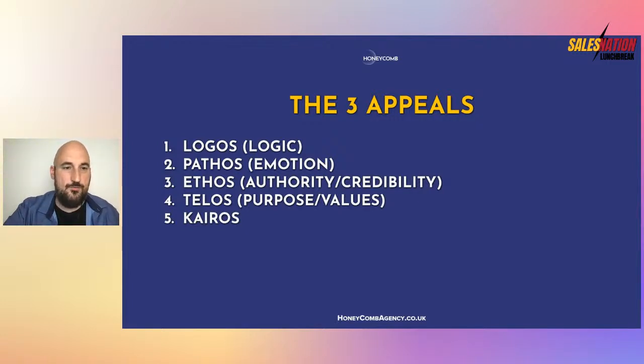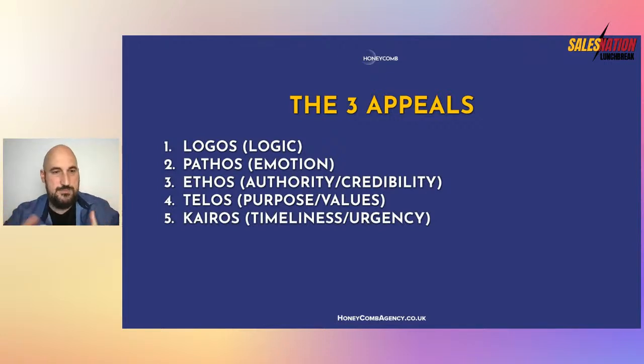And kairos, of course, is the appeal to timeliness or urgency, right? That does not mean that we will tell our prospect, you have to buy within 24 hours or else it's gone, or we pressure them to sign that off within a specific period of time.